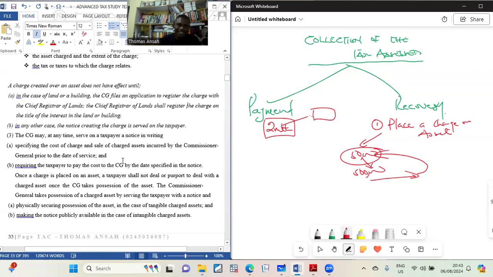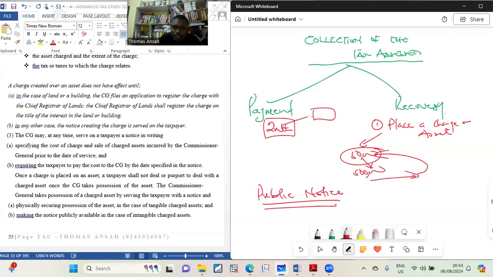That is a landed property. But what about all the other types of property? They can also place a charge on those. But not all properties are registered at the Registrar of Lands. What about the other ones that are not at the Registrar of Lands? For those, they need to make a public notice.